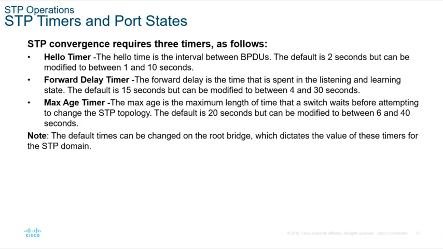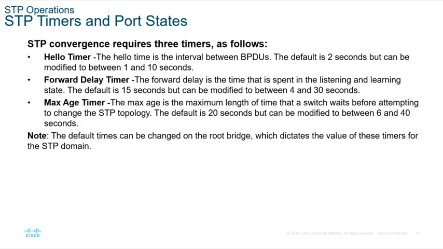Then we have the maximum age time. The maximum age timer, pay attention. It is the maximum length of time that a switch waits before attempting to change the STP topology. Yes, there is a change on the network, but there is a time that it has to wait.